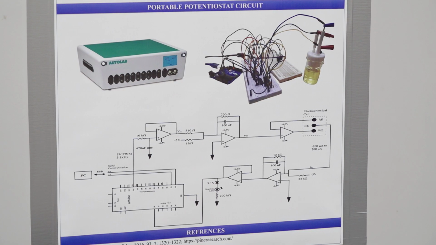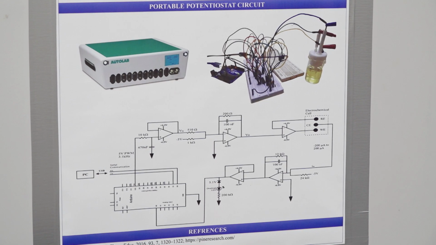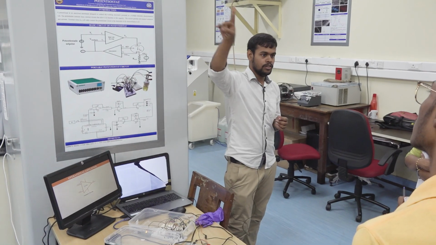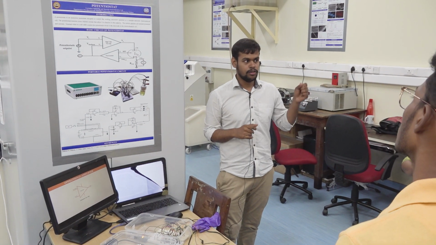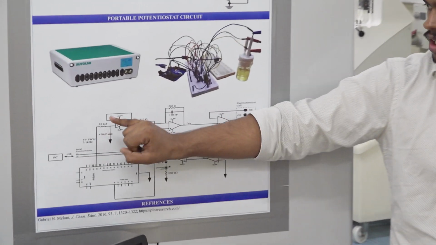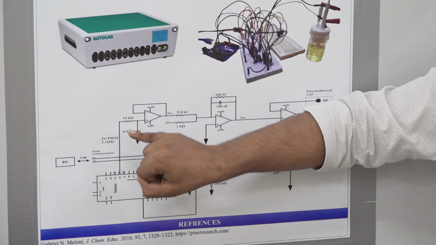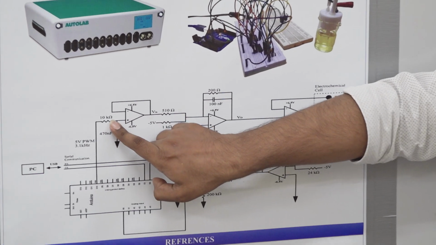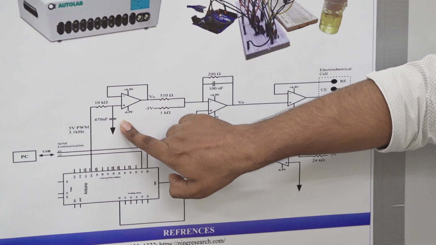Now, it applies in a square waveform, but while you do the measurement, you need it in a linear fashion, whether you do linear sweep voltammetry or cyclic voltammetry. So how does that happen? For that, this pulse width modulation is coupled with the RC filter here. You see it's a 10 kilo ohm and a 470 nanofarad.